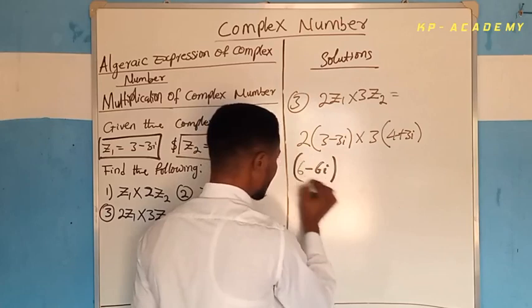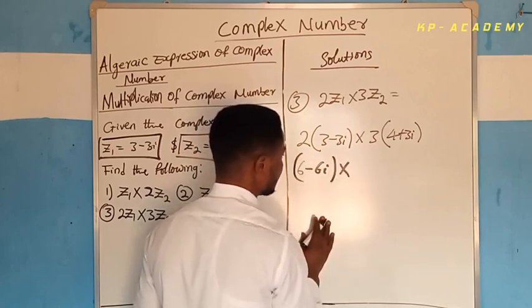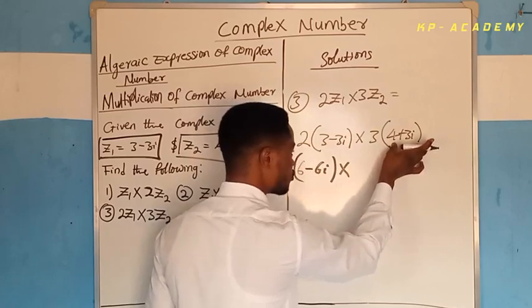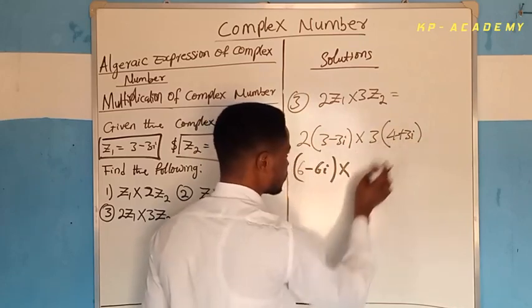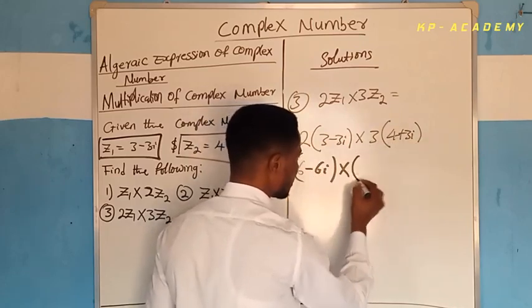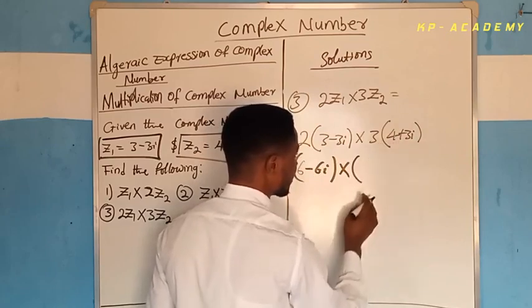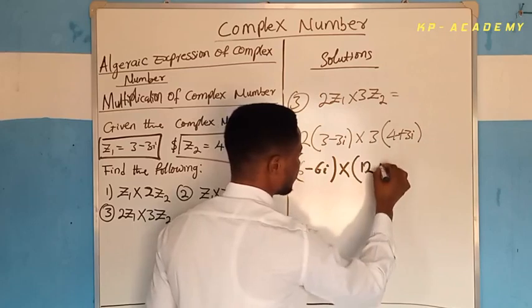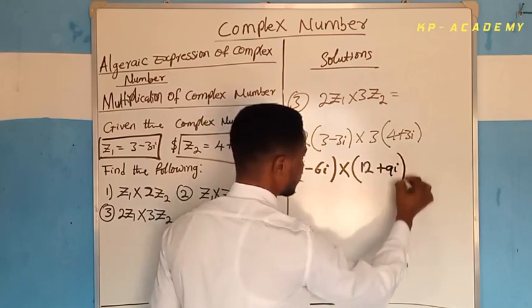We put it in brackets, still keeping this multiplication sign to show that whatever outcome we get is waiting to multiply this outcome. So 3 times 4, we have 12, then 3 times 3, we have plus 9i, close.